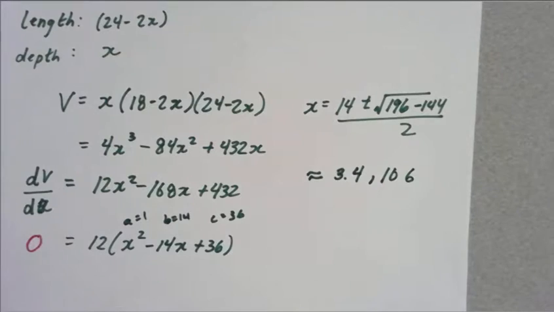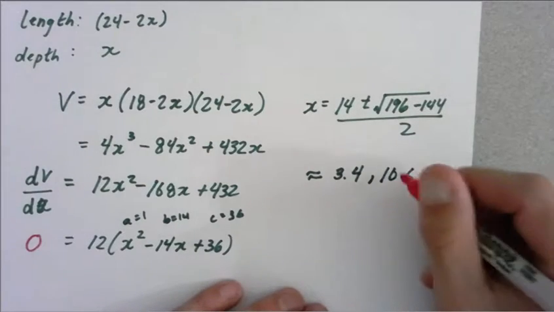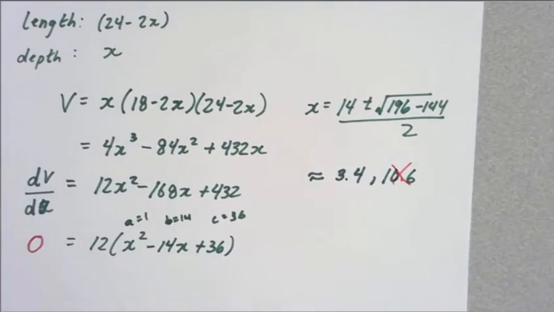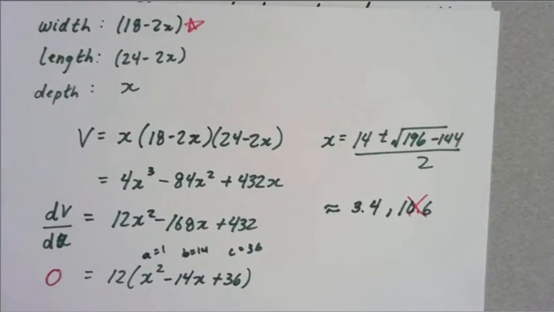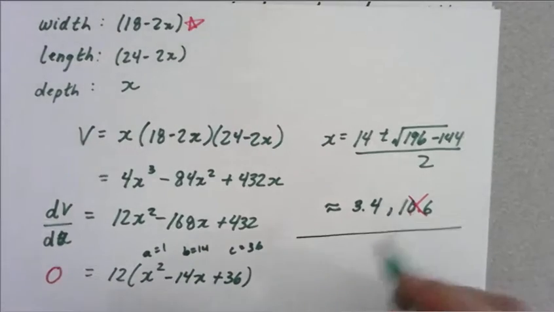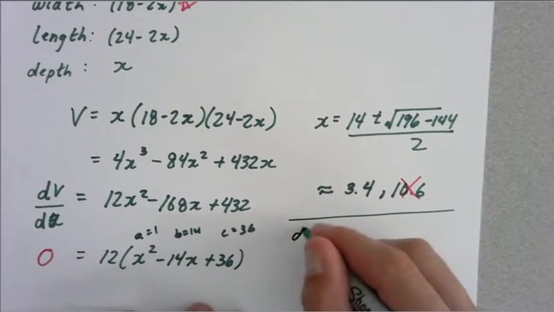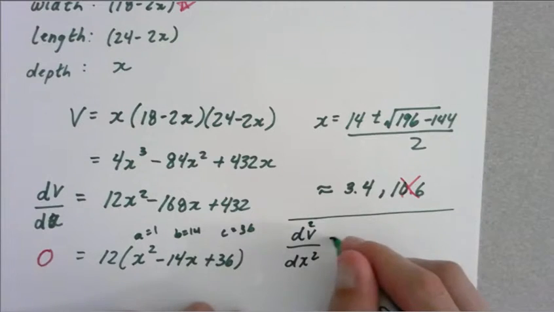Now 10.6 does not work. It would have a tough time here: 18 minus 2 times 10.6, it'd have a difficult time there. So our only value we can use is 3.4. Okay, so at 3.4, let's look at d squared V over dx squared.